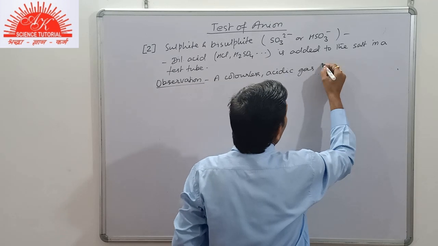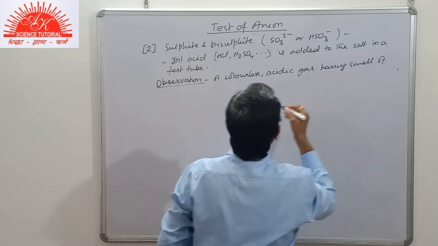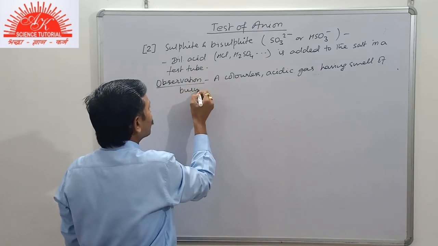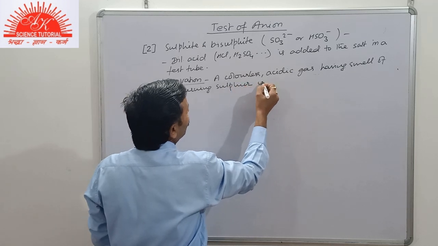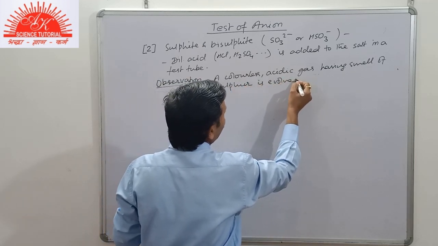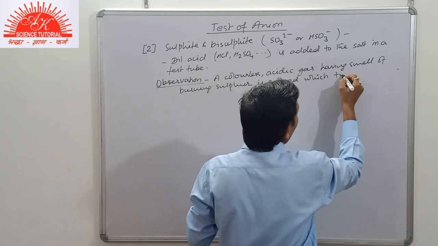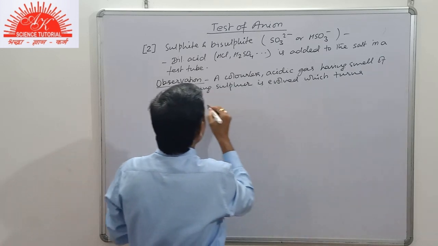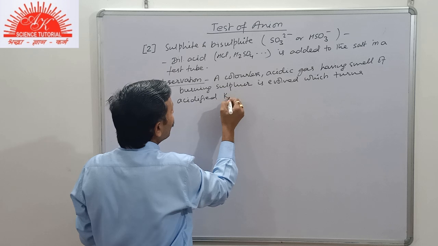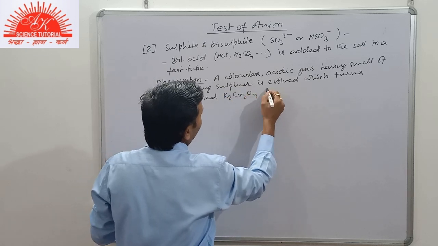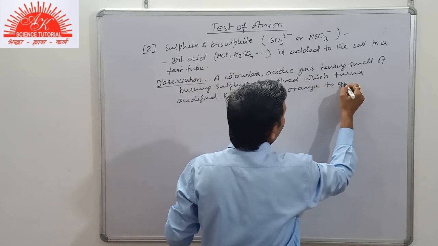Acidic gas having a smell of burning sulfur is evolved, which turns acidified potassium dichromate from orange to green.